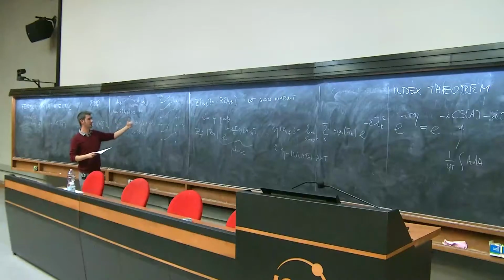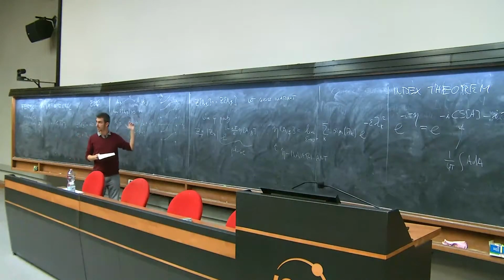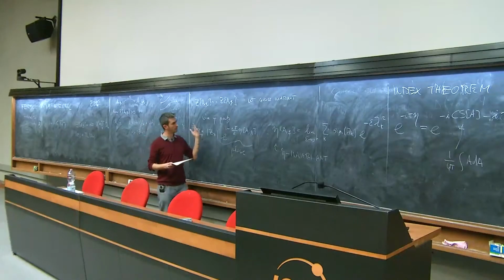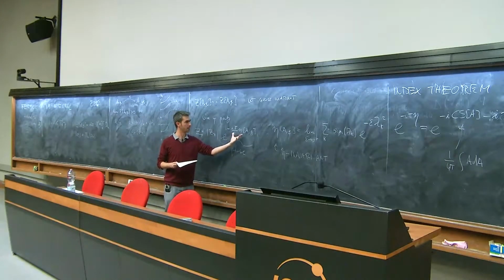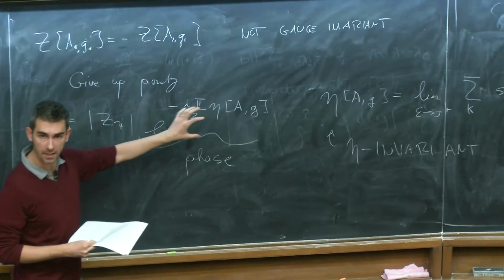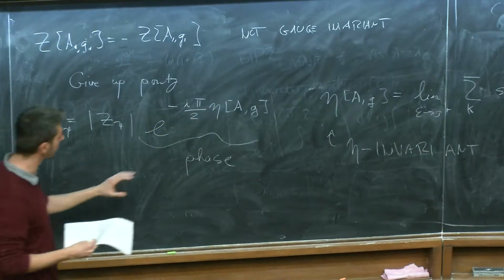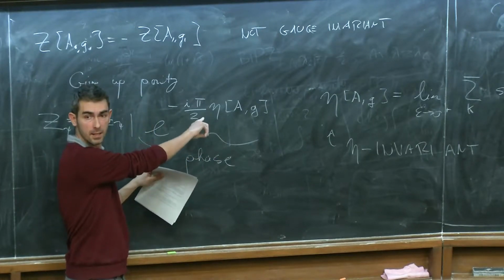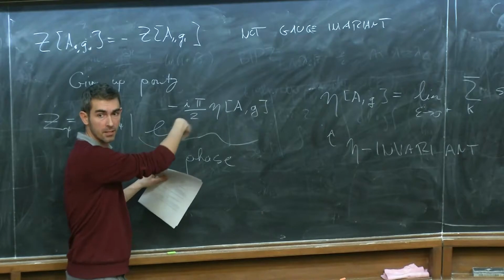But you have a problem with the sign, if you insist that you want to get something which is real. Well, if you give that up and you admit that it can be some complex number, then you can get something which is gauge invariant. But once again, this object is not just plus or minus 1. It cannot be. It's some generic phase.